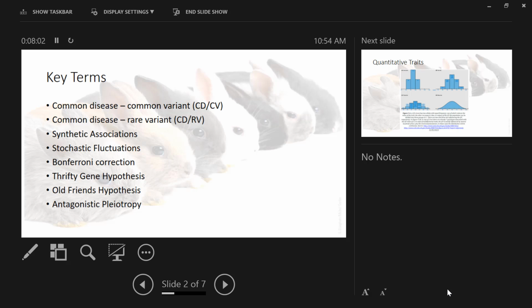But a type 2 error is we say they're the same when they are really different. So this is what we call a type 2 error.